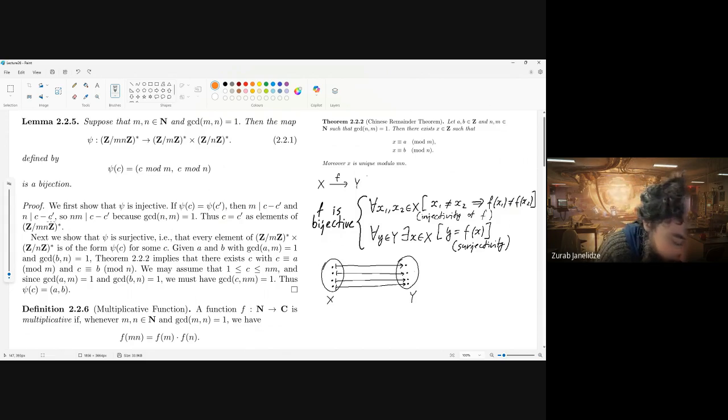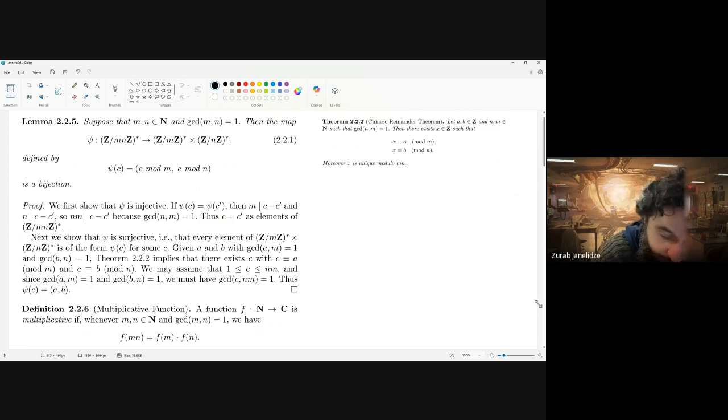What is psi of c? Psi of c is given here to be, okay, I think at this point I'm going to take this off from the screen entirely. So what is psi of c?